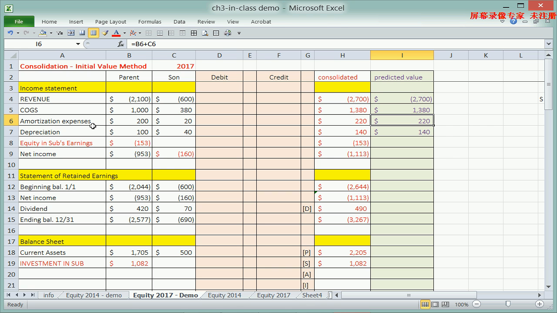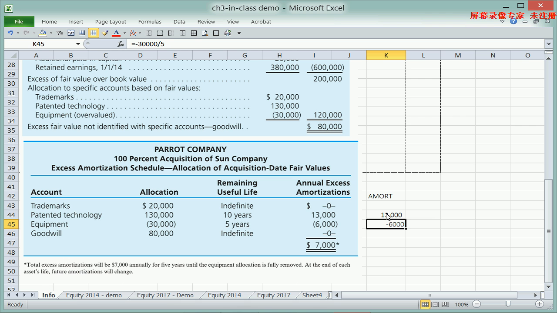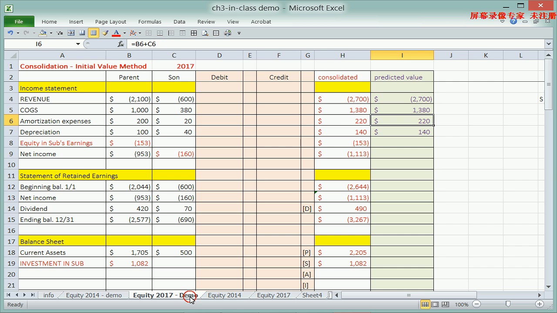But we know that for amortization, we need to look at the annual amortization of the patent, because the patent is an intangible asset. So intangible assets amortize over the remaining life. So the excess the parent paid is also amortized over the useful life through this amortization expense. So it should be the two added up.